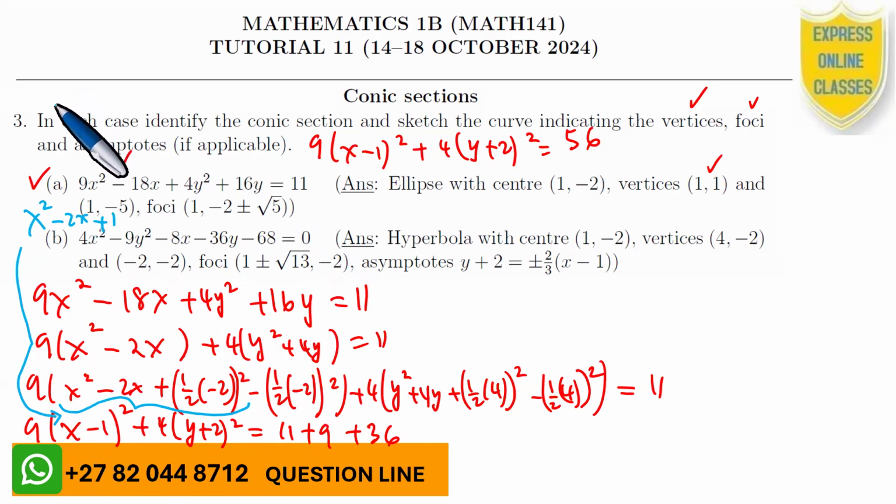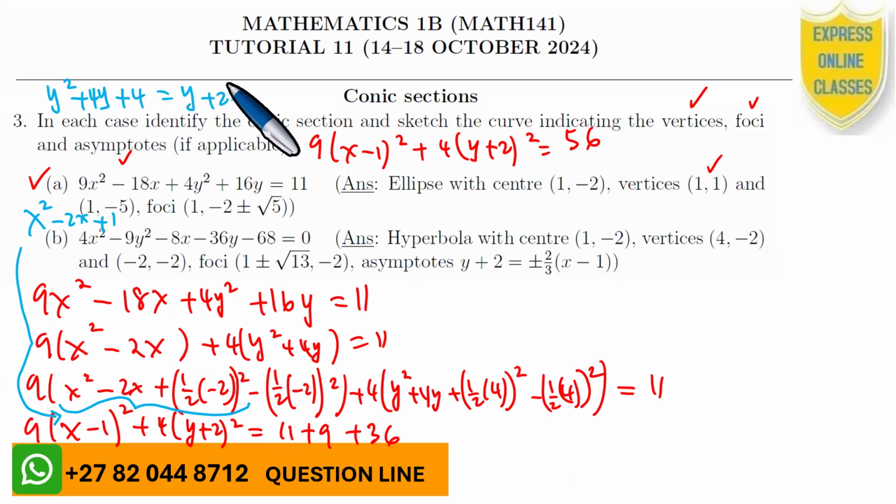Next you have y squared plus 4y. If you take half of 4, you have 2. 2 squared is 4.